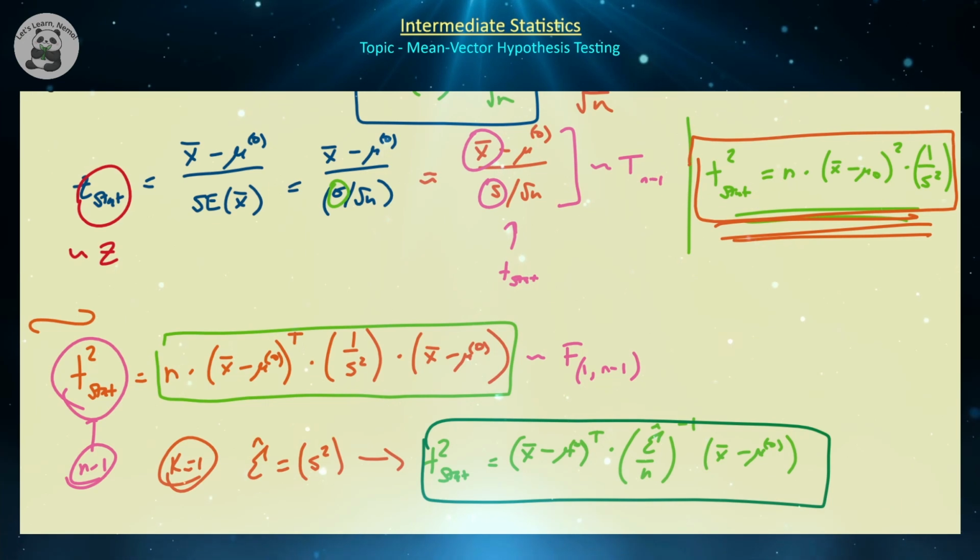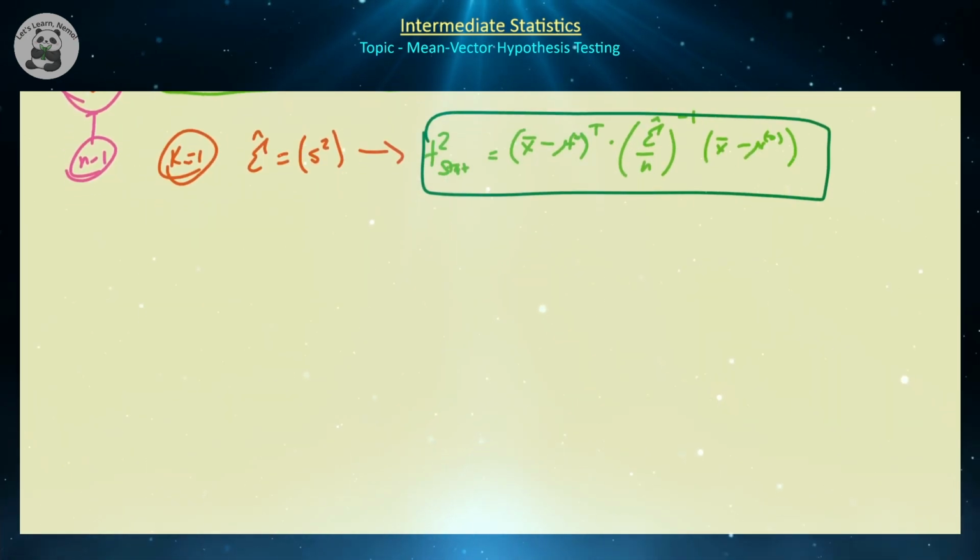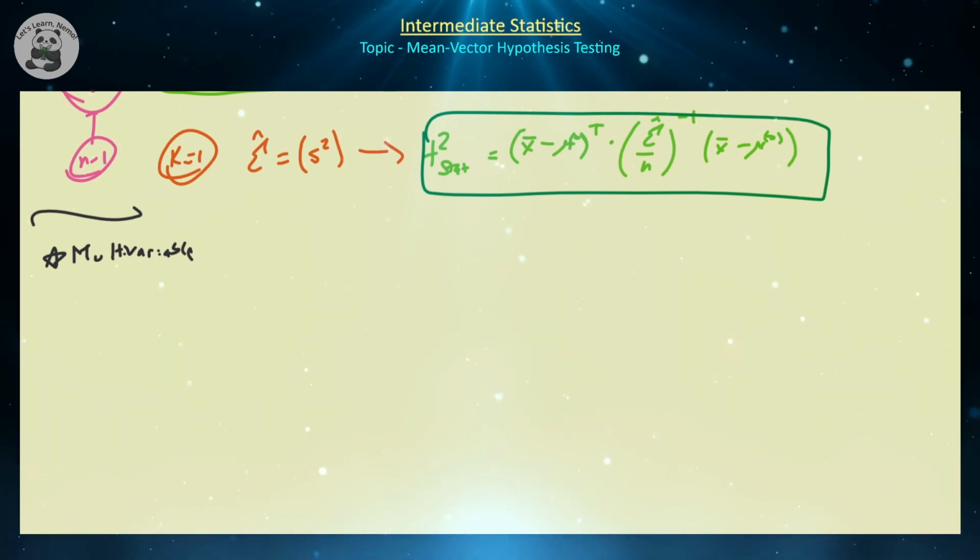All right, so let's just briefly outline what we mean by the multivariate version of this test. So now our focus is to extend this to multiple variables or multiple features, and hence we usually call it a multivariate approach.